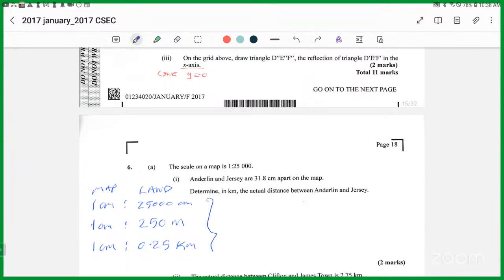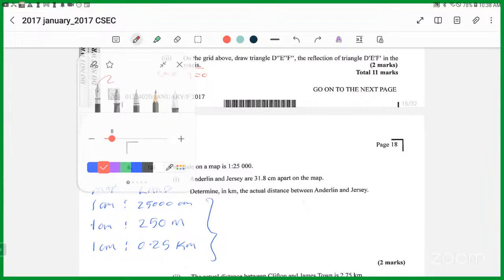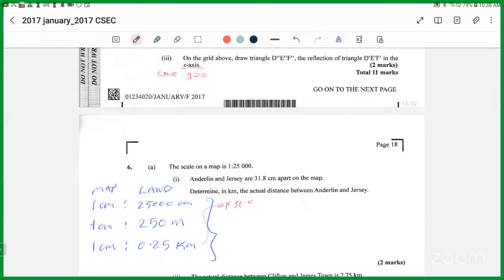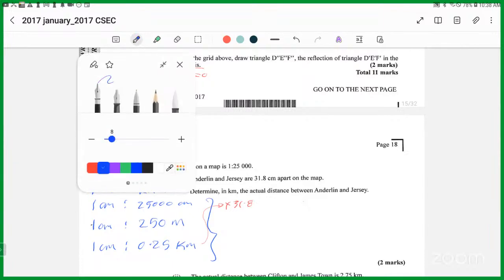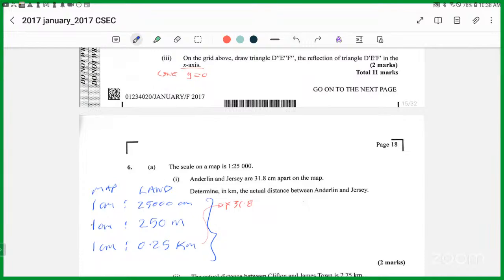So based on that now, this distance is obtained by simply multiplying this ratio by this amount, 31.8 centimeters on the map. So we multiply this now by 31.8.